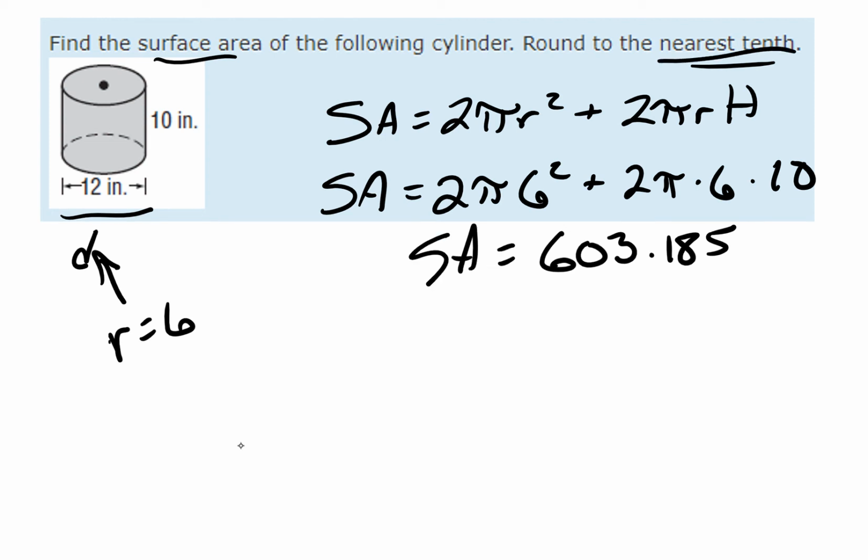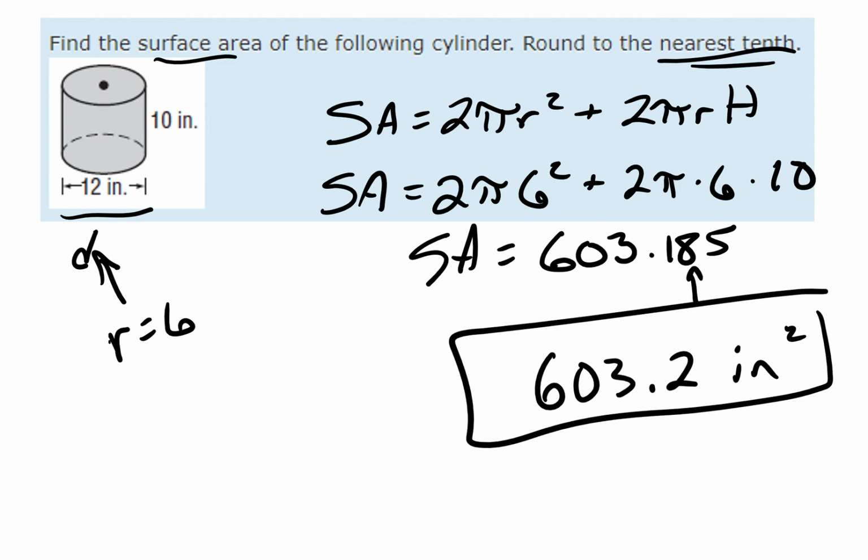We're rounding to the nearest tenth, so the 8 tells me I have to round this up, so my final answer would be 603.2. This would be squared inches, and we're golden from there.